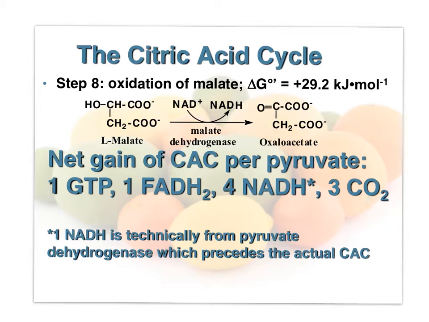So were steps 6 and 7 reversible as well? Let me see. Yes. The truly irreversible steps are step 0, 1, 3, and 4, under physiological conditions, I should say, under normal conditions.